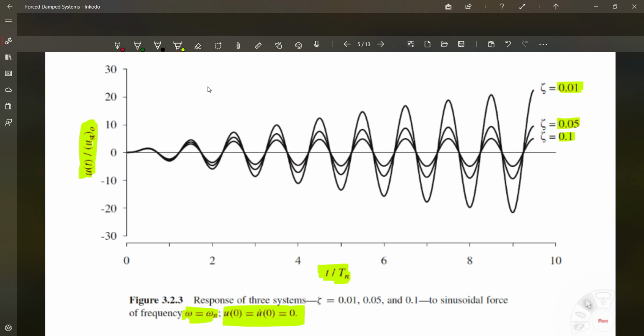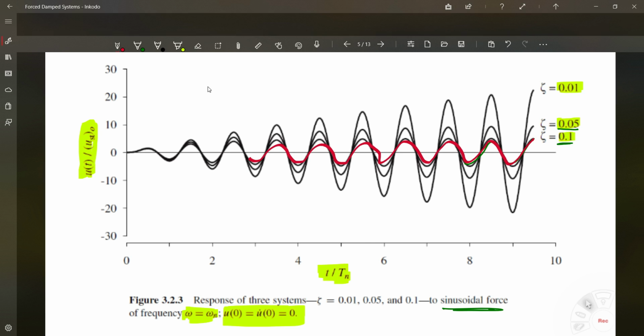As you can see here, look at how the damping is affecting the response. This is actually under the sinusoidal force, as we have said. Look here, for the case of 0.05 or 0.1, the response is really damped everything.